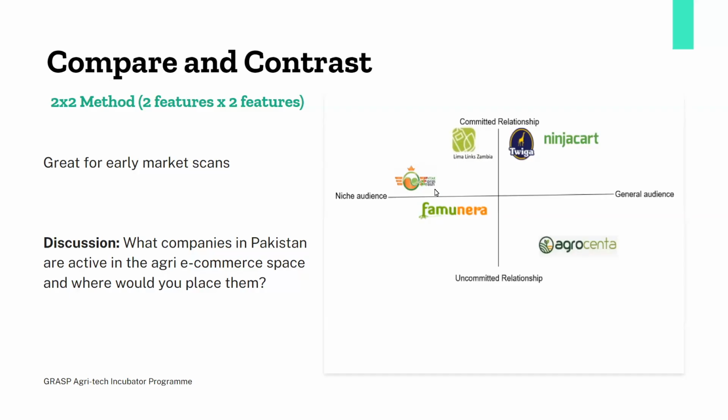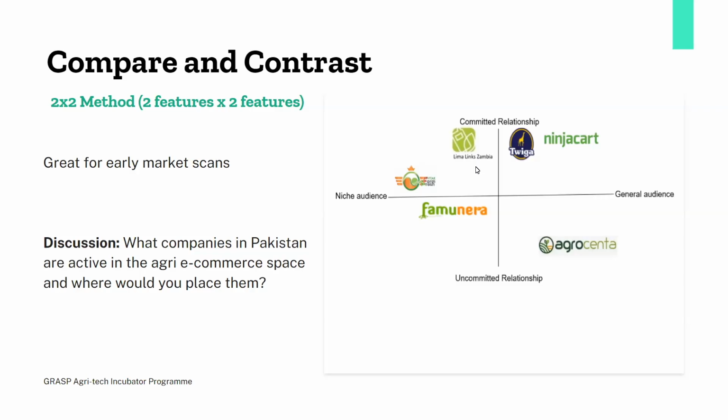An even more committed relationship example is from Zambia, which is Lima Links, where it's a very similar model, but they partner with outgrower schemes, right? So outgrower schemes you can think of as kind of farmer cooperative organizations that exist already, and they're partnering at that cooperative level, right?